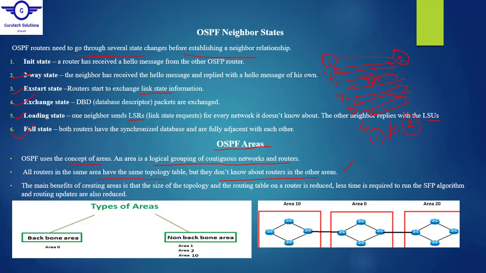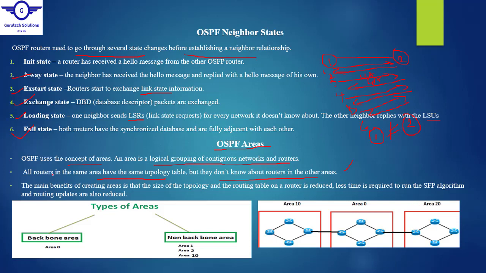All the routers in area 10 have the same topology table, but they don't know about the topology table of the routers in area 0. The same case: the routers in area 0 have the same topology tables, but they don't know the topology tables of routers in area 20 and area 10.